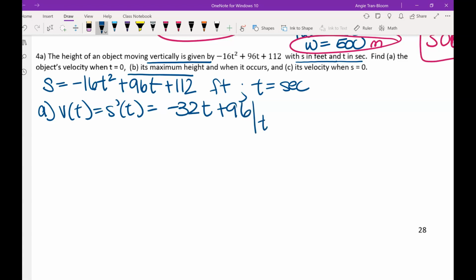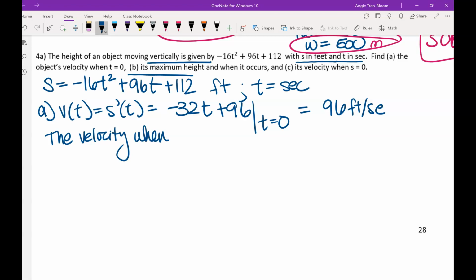And then plug in 0 because it's asking for time equals 0. So if I plug in 0 for time, we are going to have 96 feet per second. So the velocity when t equals 0 is 96 feet per second.